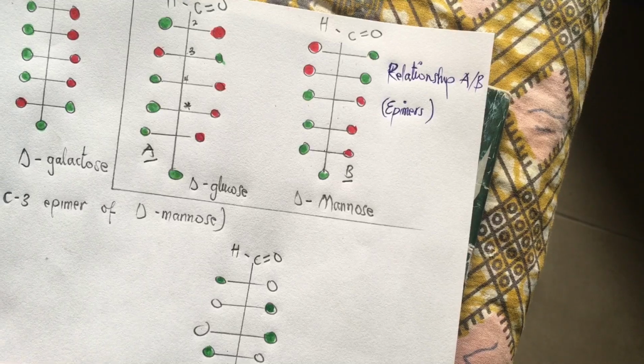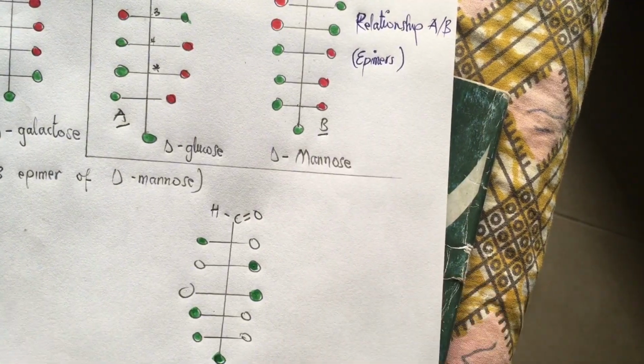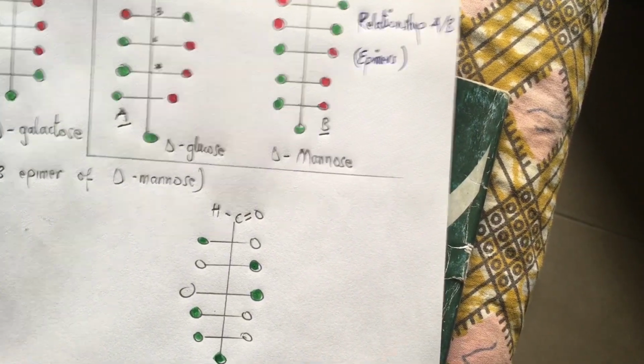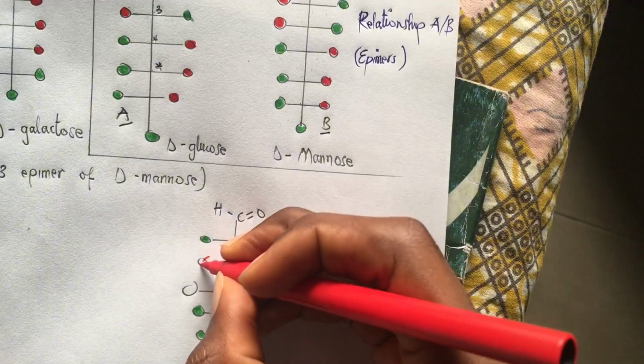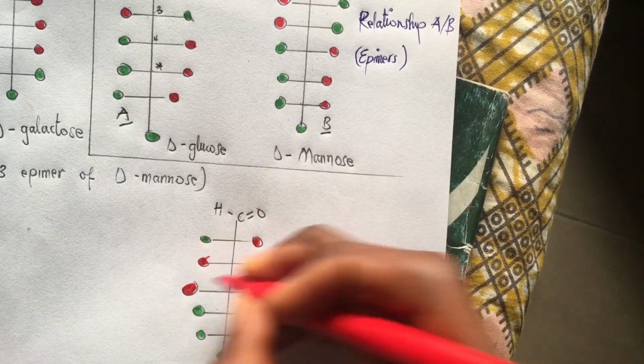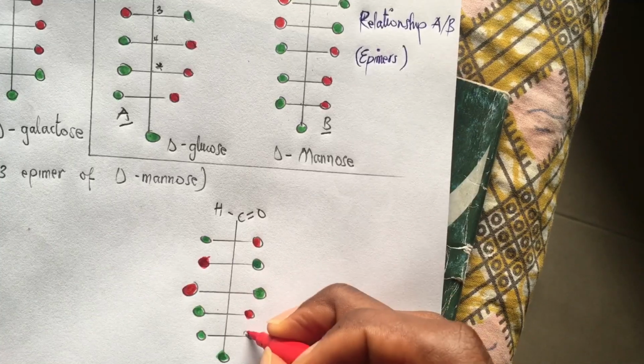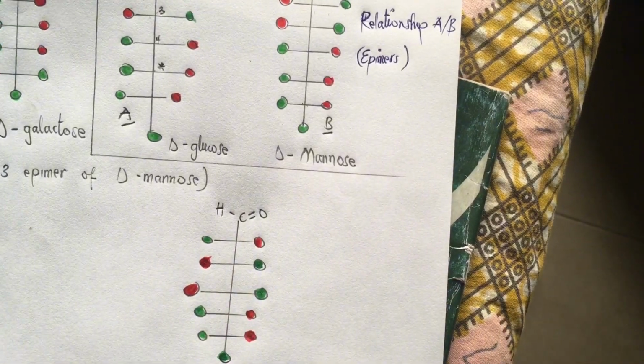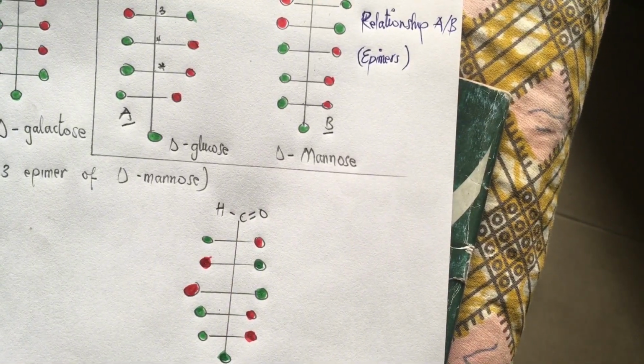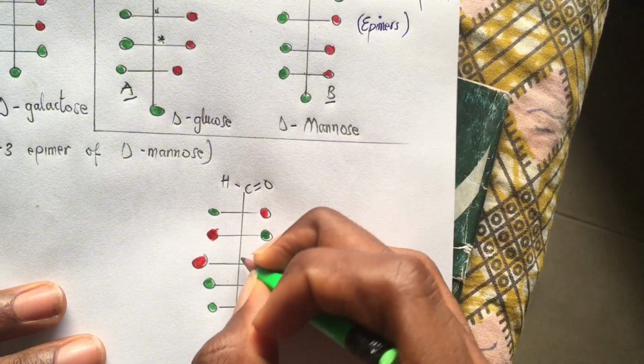Now let's try and see something here. We have our OH groups also here. Now there's a change in configuration at carbon 4.